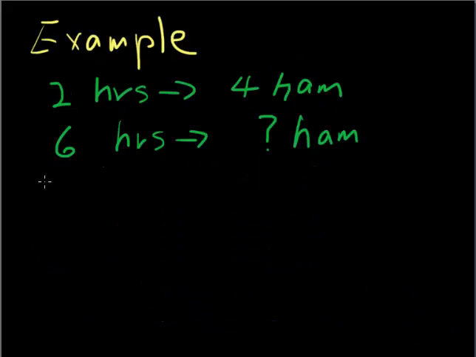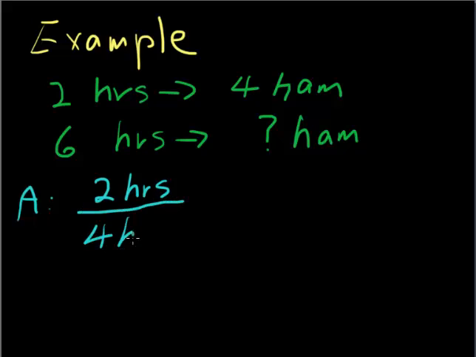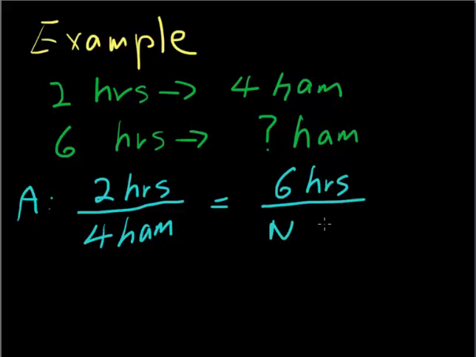Okay, so we're gonna have another way to do it. See, math has so many ways to do it. So we'll do it this time using the way that Daddy has shown you before, okay? So if we say 2 hours, we can eat 4 hamburgers equal to 6 hours over n hamburgers.